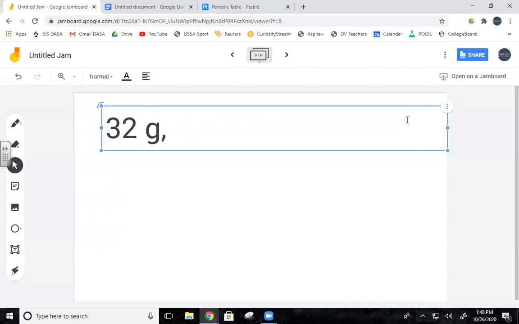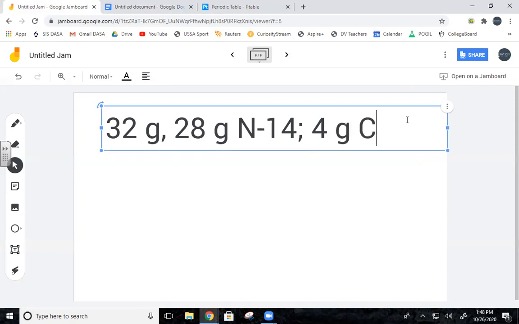Of those 32 grams, we have 28 grams of nitrogen-14 and 4 grams of carbon-14.